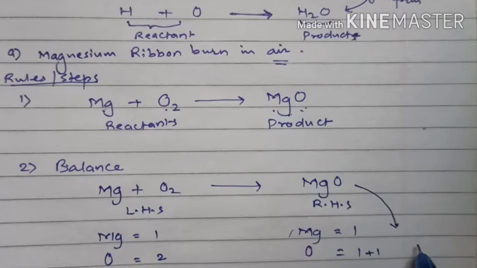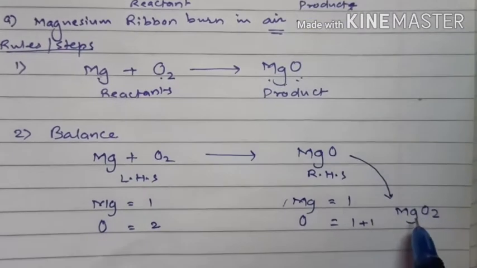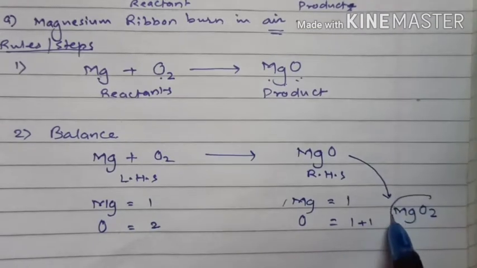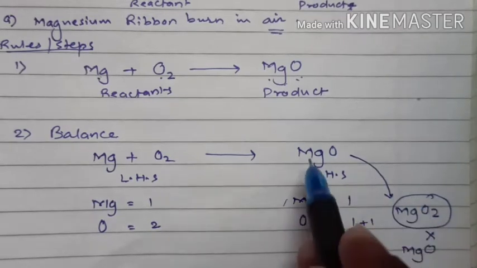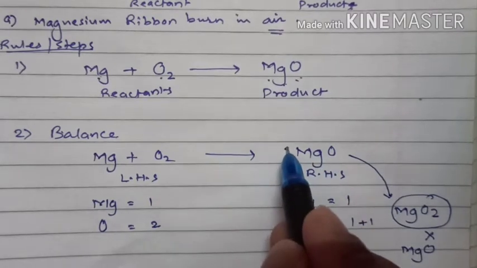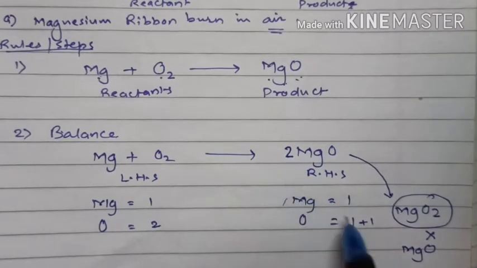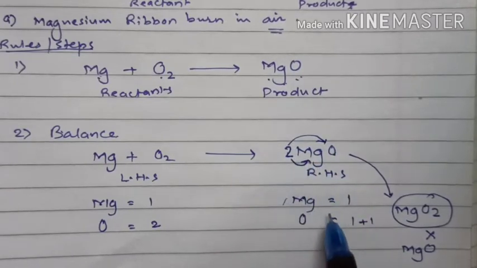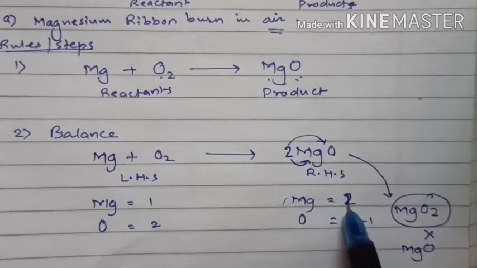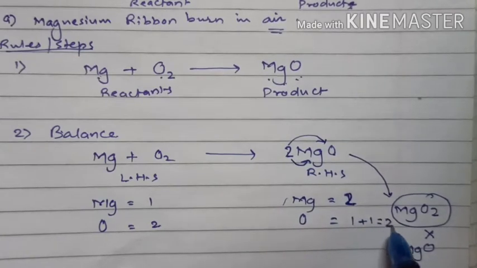So can I write this as magnesium oxide 2? No, this is not a correct formula of magnesium oxide, because we can't change the formula of magnesium oxide. It is fixed as MgO. So to add oxygen over here, we have to add 2 over here. So now there are 2 oxygens and also 2 magnesiums on the right hand side.